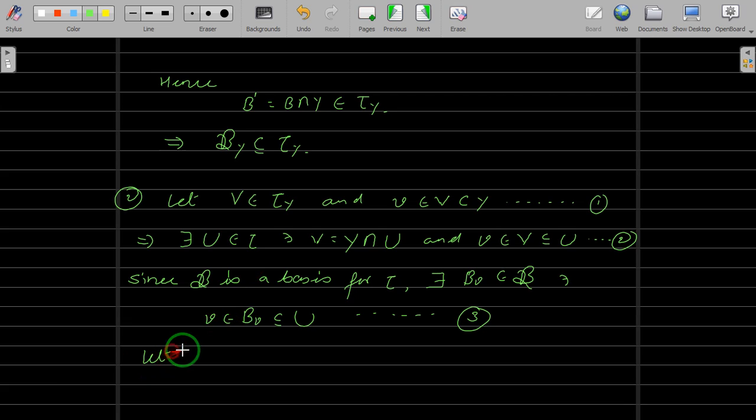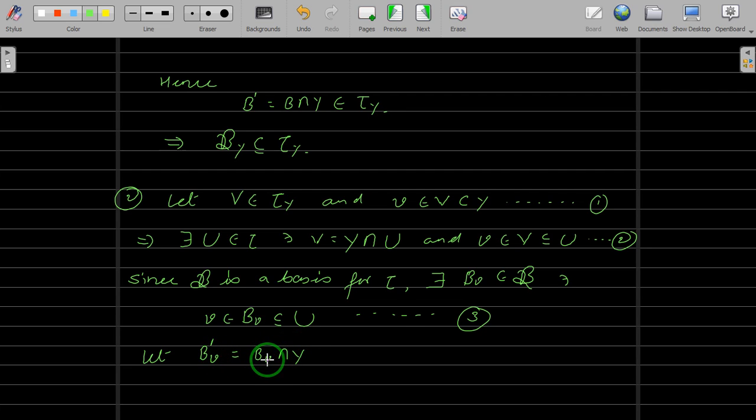So let us take this B_V dash, some notation, as B_V intersection with Y. Now B_V we know, V belongs to B_V, and of course V belongs to Y, that implies V will belong to B_V intersection Y, and that implies V will belong to B_V dash.